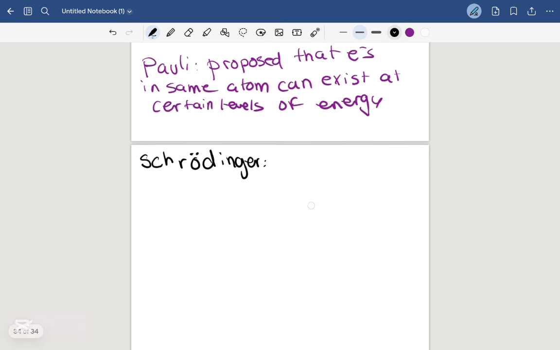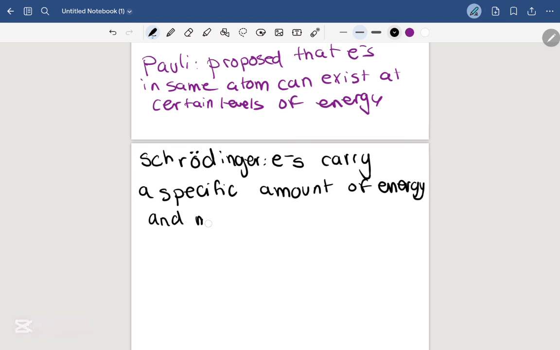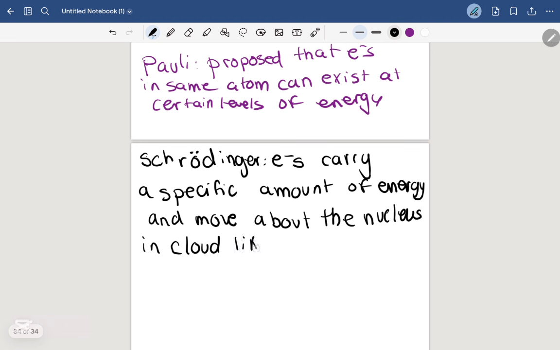So Schrödinger said that electrons carry a specific amount of energy and move about the nucleus in cloud-like regions, and not, keyword is not, in fixed orbits.